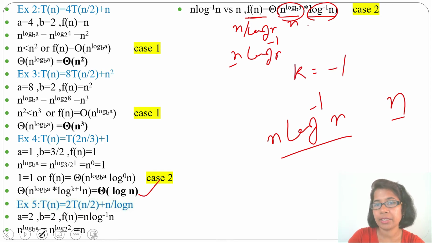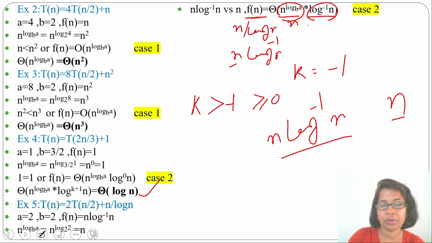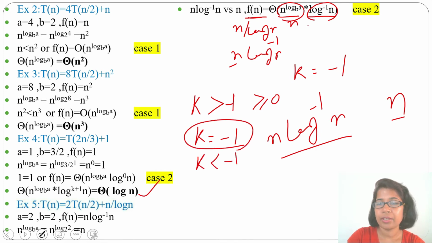In case 2 there are 3 options. K can be greater than minus 1, or greater than or equal to 0. The second option is k equals minus 1. The third option is k less than minus 1. So k equals minus 1 means this is case 2 option B.